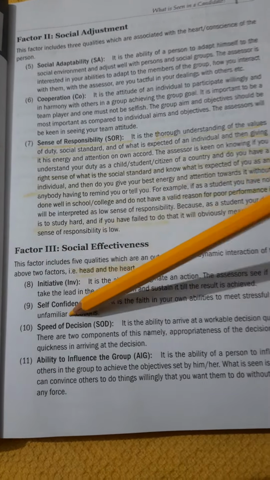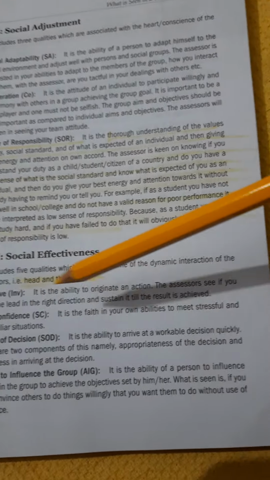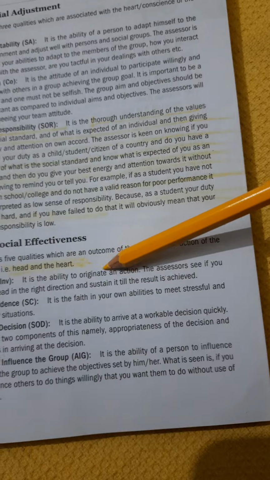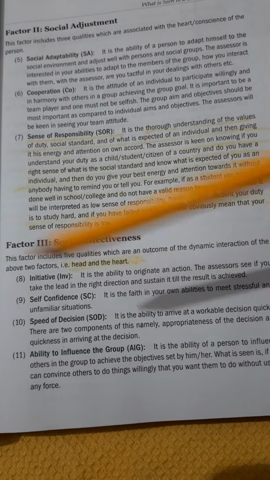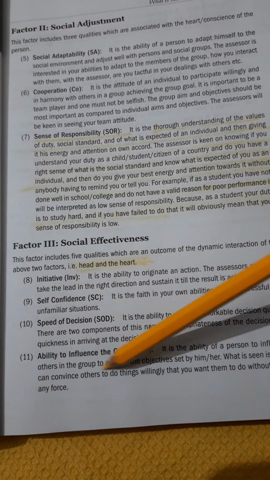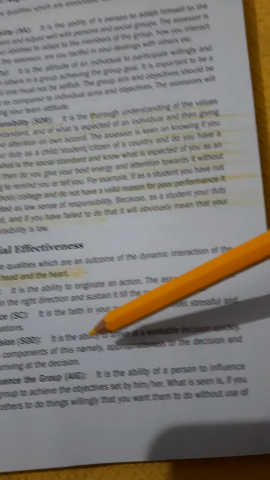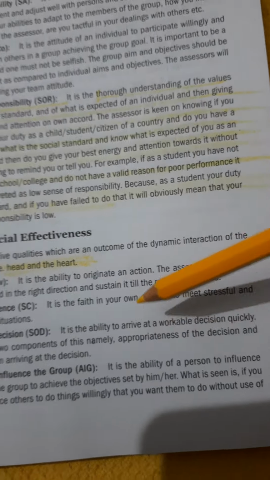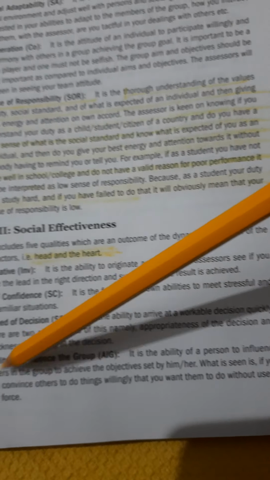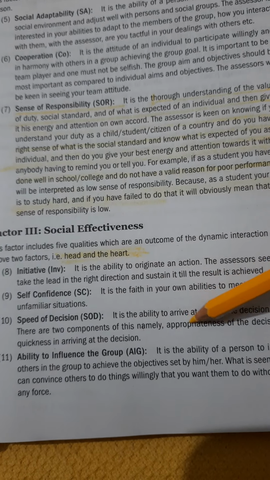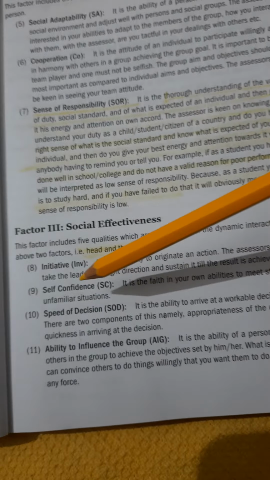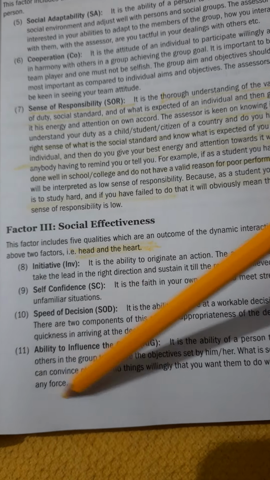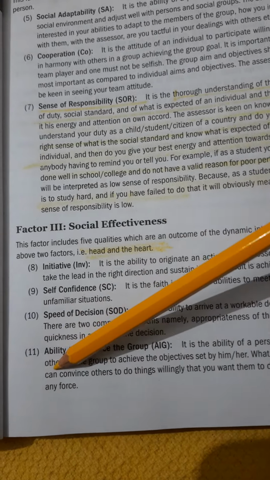9. Self confidence, SC. It is the faith in your own abilities to meet stressful and unfamiliar situations. 10. Speed of decision. It is the ability to arrive at a workable decision quickly. There are two components of this, namely appropriateness of the decision and quickness in arriving at the decision. 11.